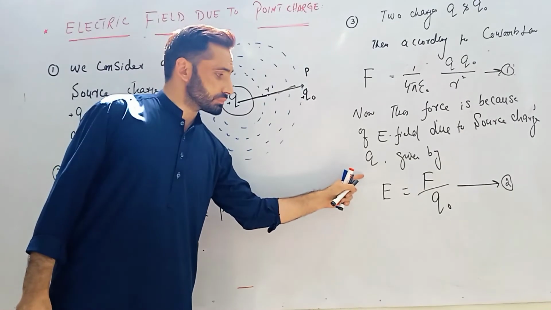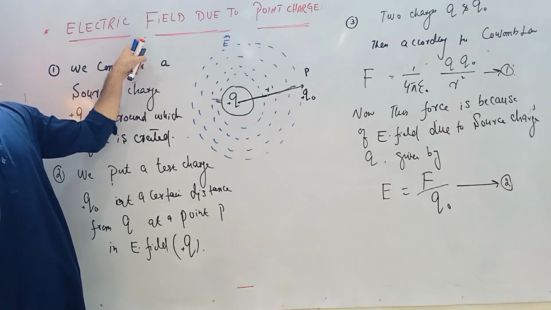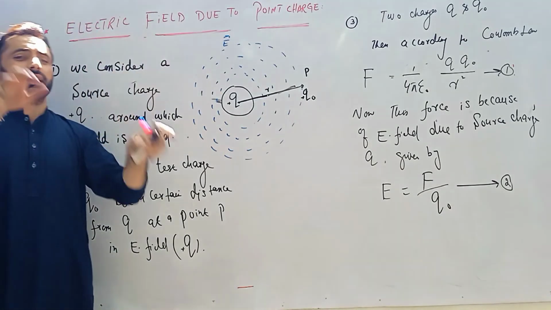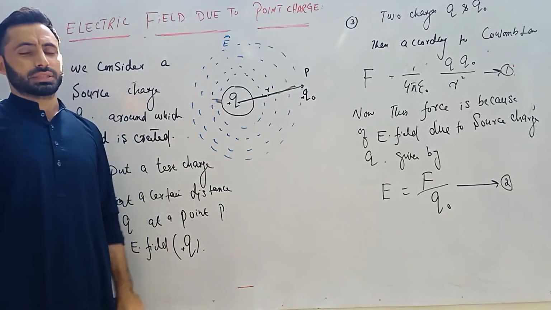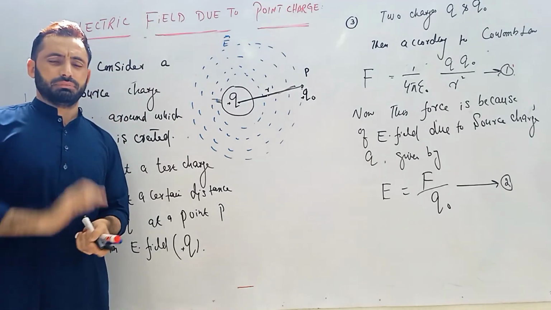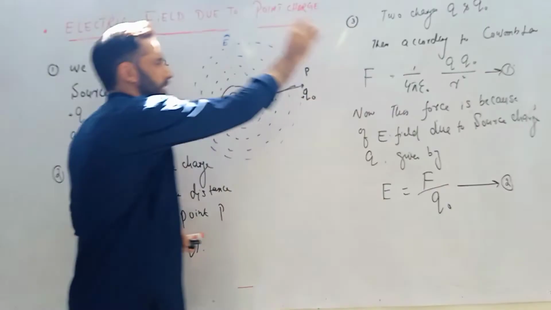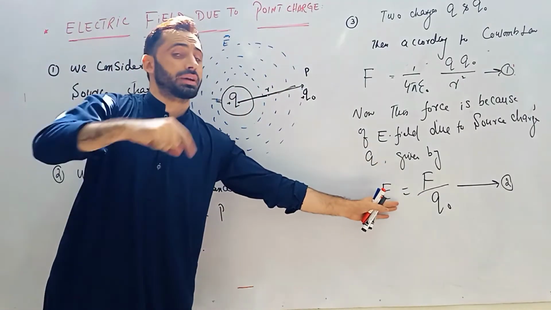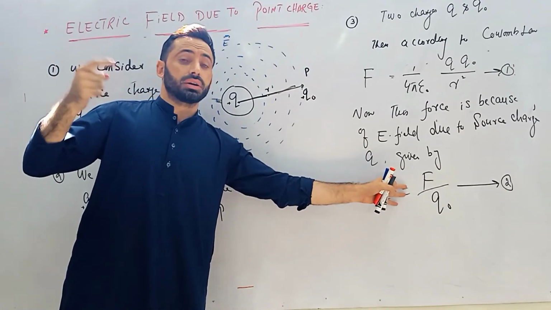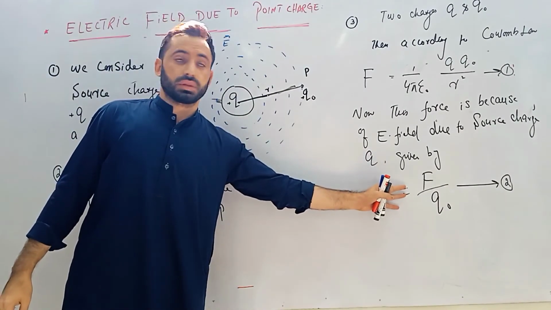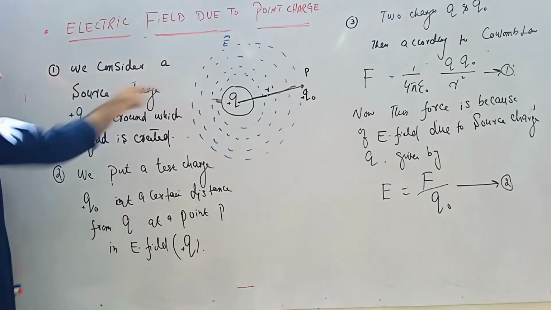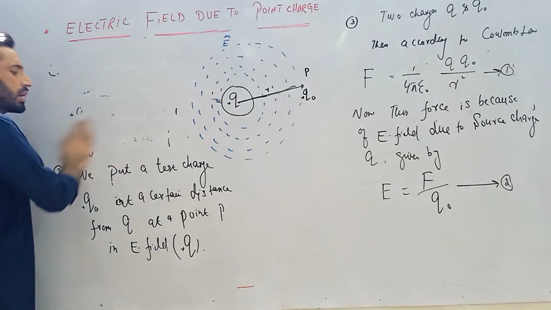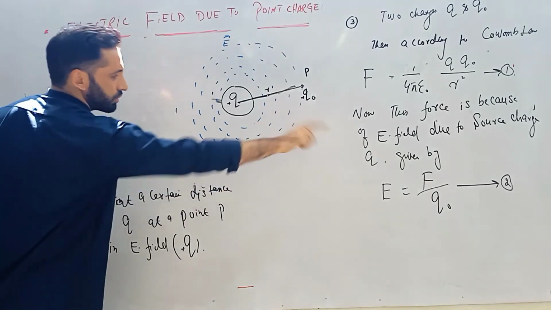That makes it clear. The main topic is what E depends on, the electric field due to a point charge, the source charge. Remember, this is only the measurement. We put the value of force from equation 1 into equation 2.